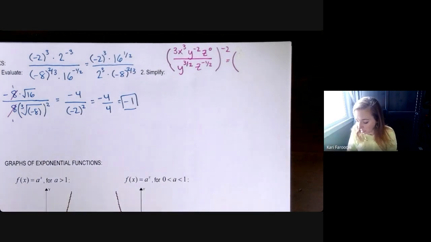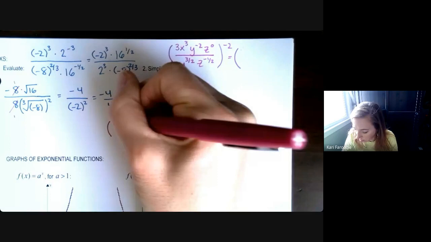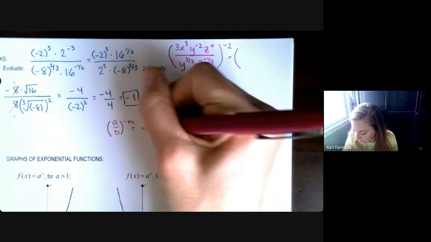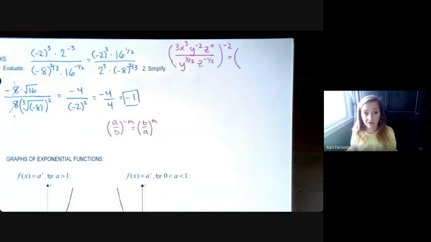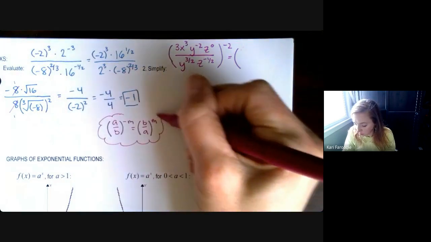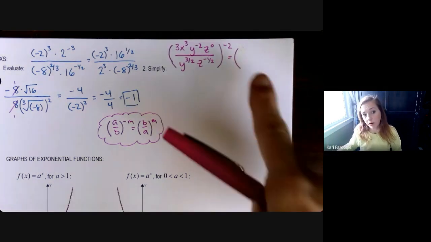If I had to formalize that into a rule, it would be this. (a/b) to the negative m is (b/a) to the positive m. This is a rule that you should have learned in algebra. What it says is that you can take what's inside your quotient, you can take its reciprocal, and then change the sign on your power.